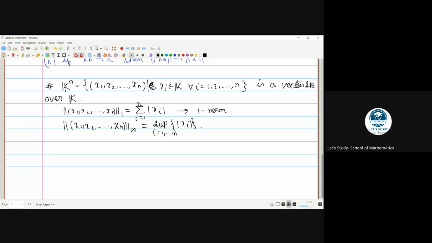Now I am giving some examples of normed linear spaces. Another is: suppose a comma b belongs to the real numbers. So consider this space, C[a,b]. What is this? It is nothing but the set of f from [a,b] to R such that f is continuous.